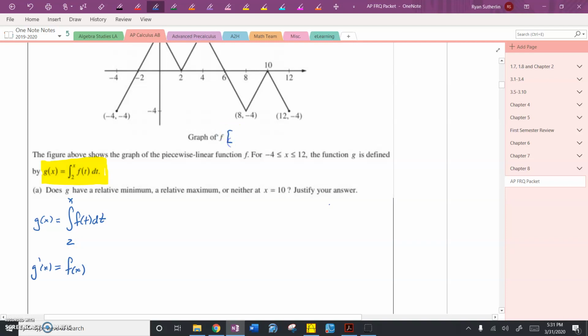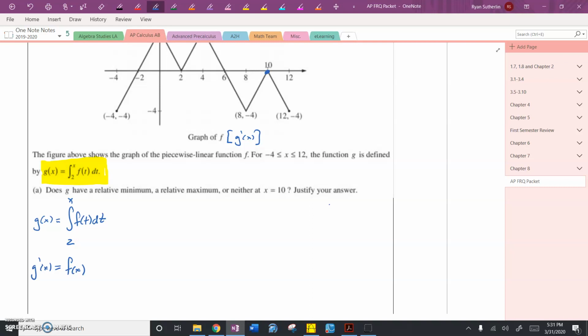So the graph of f is also really the graph of g prime. If I want to know if g has a relative max or relative minimum at 10, then we look at 10, and our derivative is 0 there, but there is not a sign change. Therefore, the answer is going to be neither.